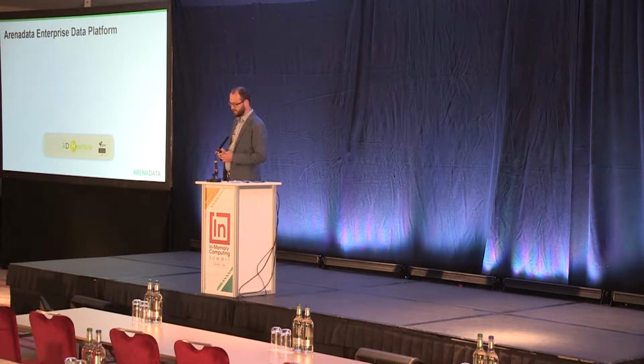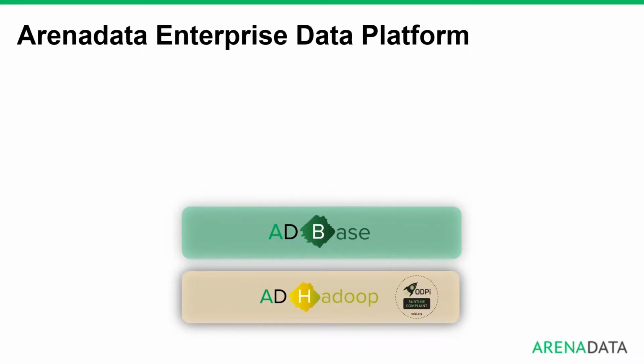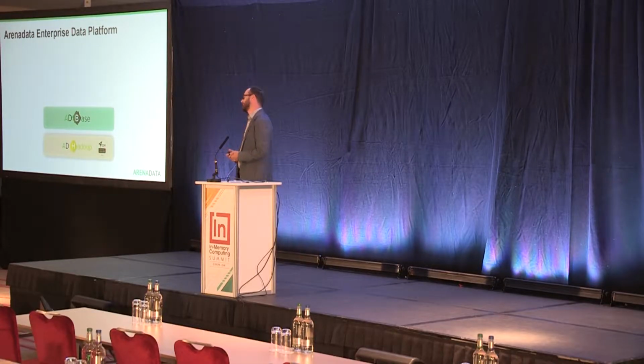But after we released the Hadoop, we started thinking about expanding our product portfolio because without the MPP platform or without the in-memory data grid platform, it's difficult to do some projects in industries like manufacturing or telco. And we released the product called Arenadata DB. It's an MPP shared nothing platform.